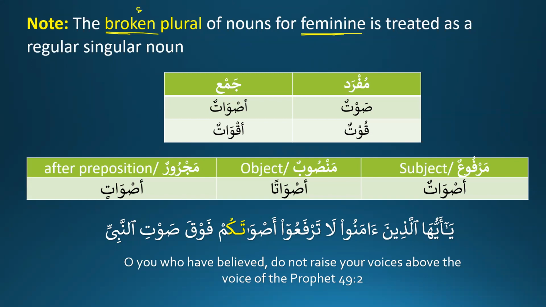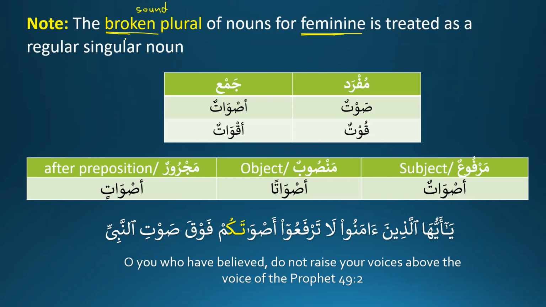In the previous part of the lesson, we discussed that the sound plural of the noun, jam'u salim, will take kasra in both cases, when it is mansub and majroor. But the broken plural, jam'u taksir, will not take kasra in both mansub and majroor forms.